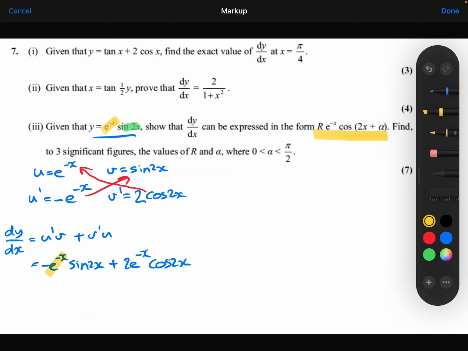So first thing I'm going to do, I notice I've got this exponential in both of these terms, so I'm going to factorise that out to leave me with a minus sine 2x plus 2 cos 2x. And the other thing I'm going to do here before I do any trigonometry is I'm just going to swap these two around so I have the positive at the front.